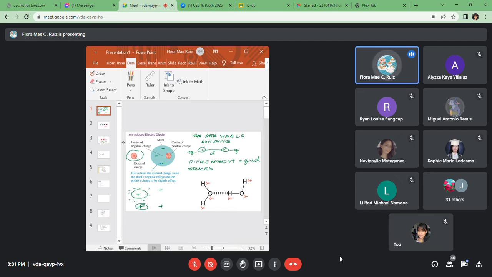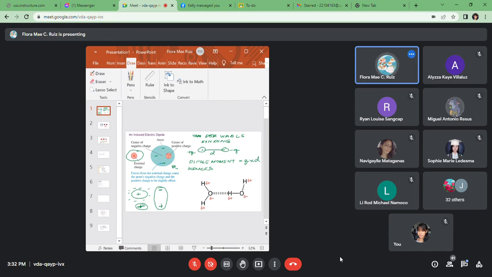But when I introduce a charge, or when I expose it to an external or electric field, it created two poles, okay? Or it separated your positive and negative charges temporarily. So this creates, or this is what you call inducing a dipole moment. Okay, so you can see it here. This is an example, or this is your induced electrical dipole.